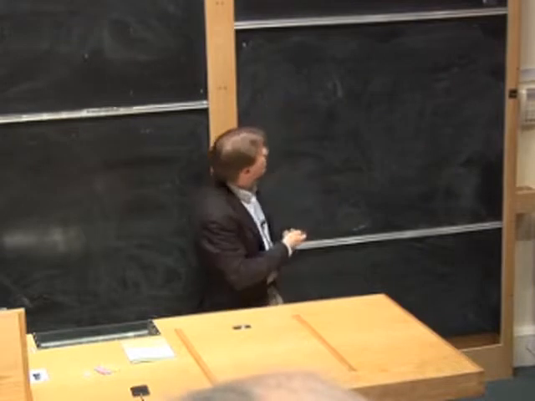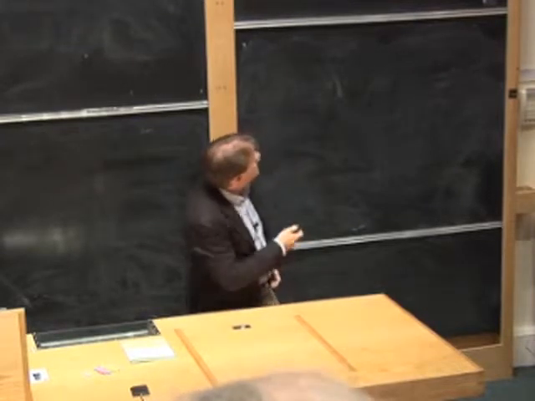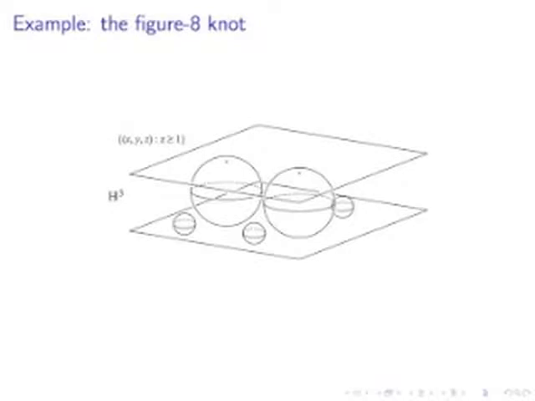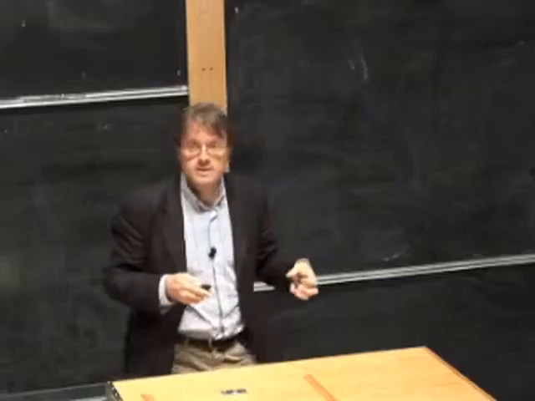So you get other horoballs, and there are lots of them dotted around in hyperbolic space. So there's z greater than or equal to 1, and then there are covering translates of it, which are these balls here. And there are lots of them. I can only draw so many. They get smaller and smaller, and they're dotted around all over the place.